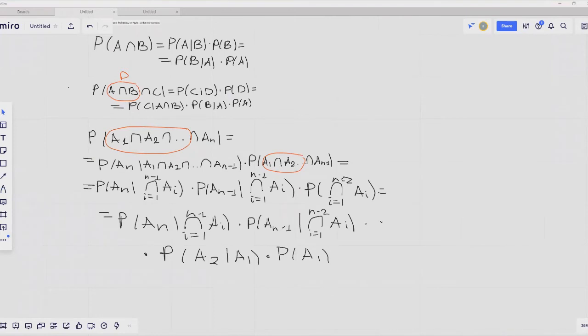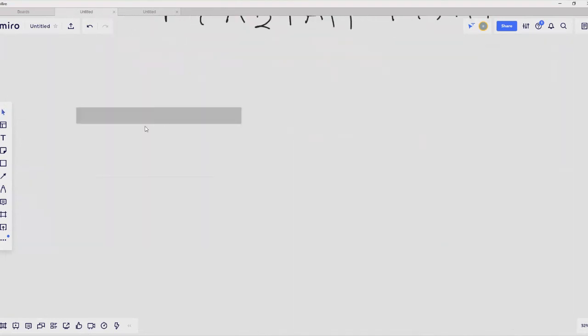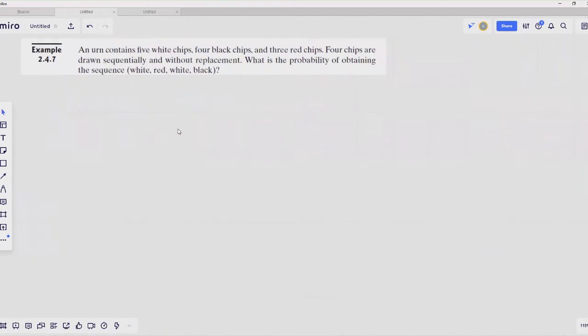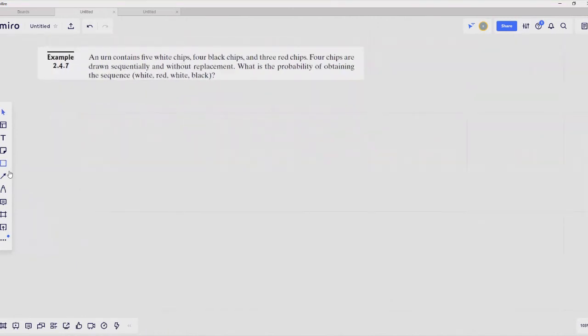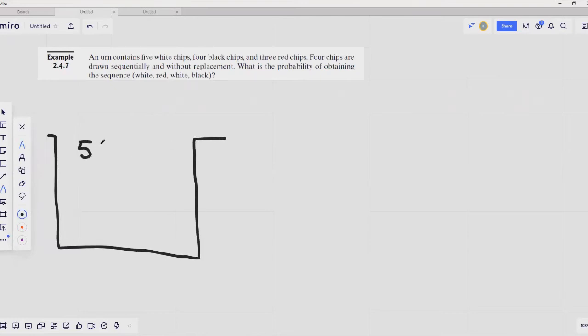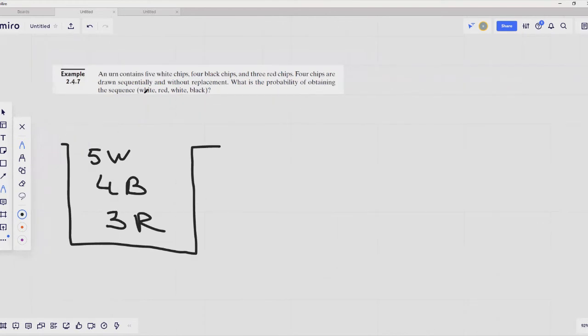Now, let's take a look at the following problem. So we have an urn that contains 5 white, 4 black, and 3 red chips. 4 chips are drawn sequentially and without replacement.